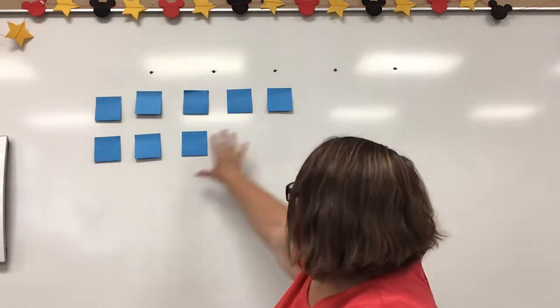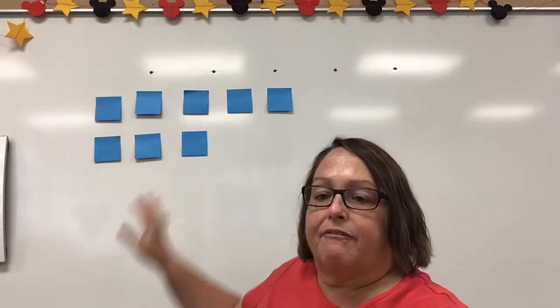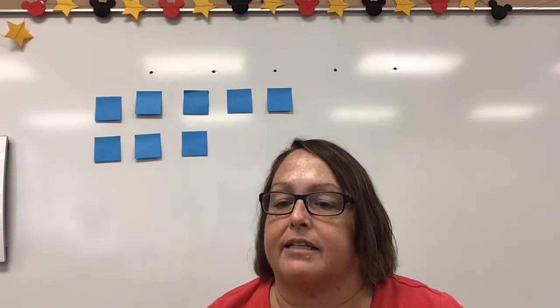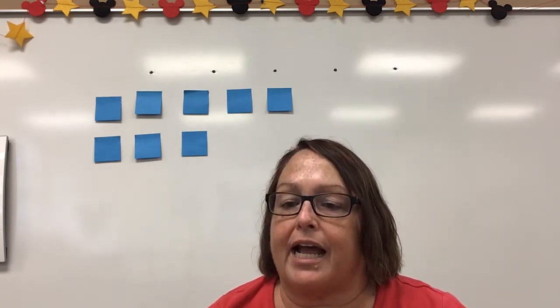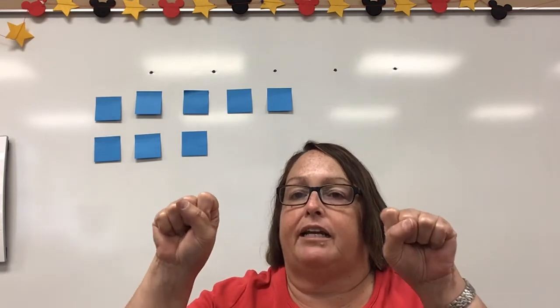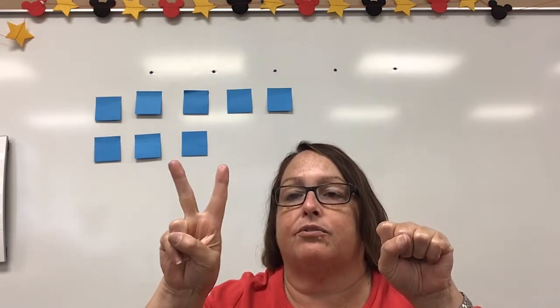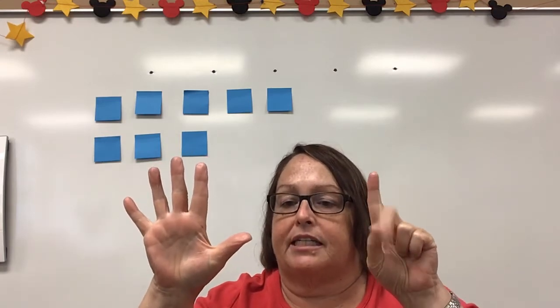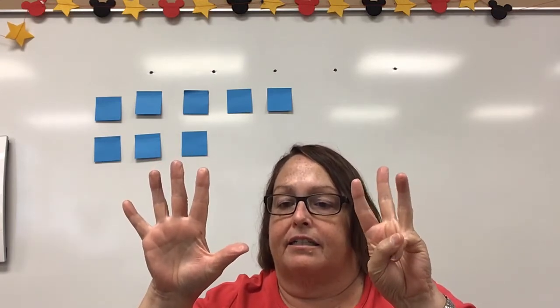Okay. So if I don't have the Post-its, maybe I have something that I can't move around quite that easily. If I know that I have 8, okay, so I have 8. Let's count fingers. You ready? 1, 2, 3, 4, 5, 6, 7, 8.